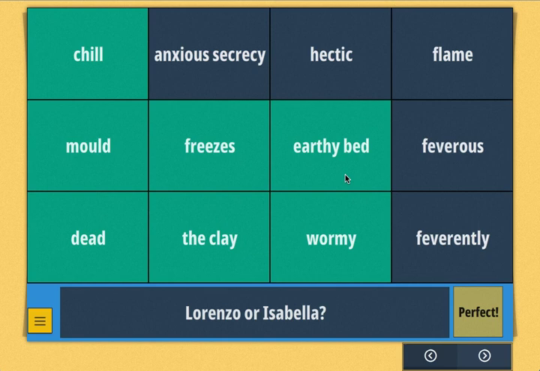In contrast to Isabella here, who is presented as acting when she takes the head in anxious secrecy, and in her digging up of his body, we've heard through the language of the nurse as well, that she behaves in a way that is hectic, feverish, fervently, and she speaks of the flame within her. So this juxtaposition between the two of them is really interesting here, isn't it? They're both in completely different states, her acting in this frenzied manner, full of movement and kind of hectic, frantic pace, which we can understand and we can appreciate, can't we?